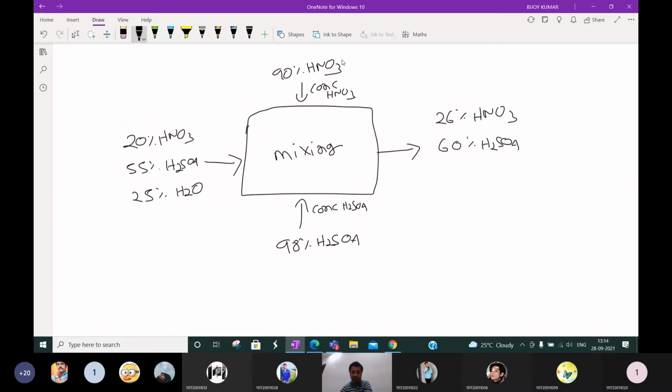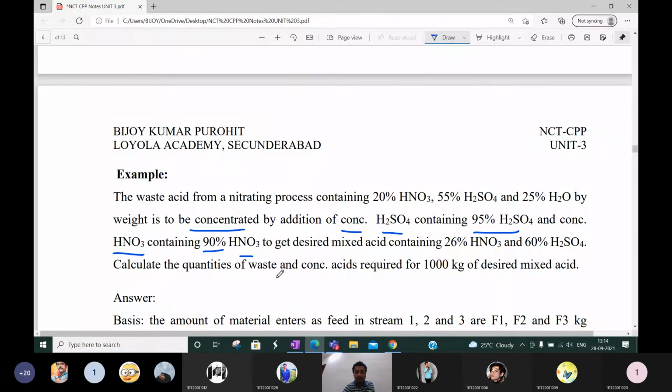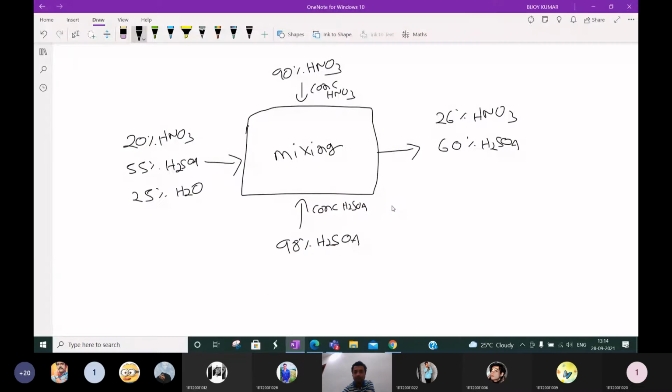So the question is like that. This is the diagram. Next is to calculate the quantity of waste acid required for 1000 kg of desired mixture. It means this is 1000 kg.